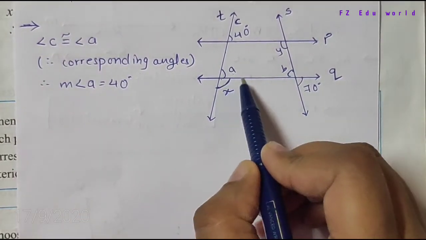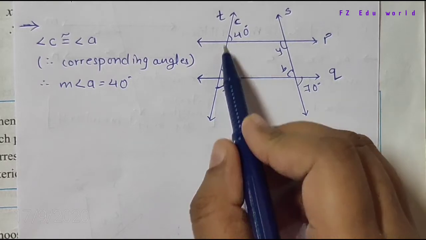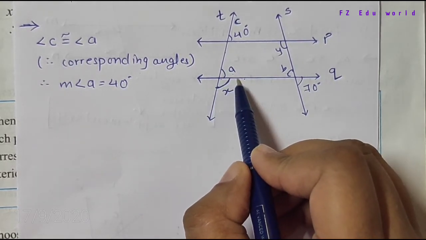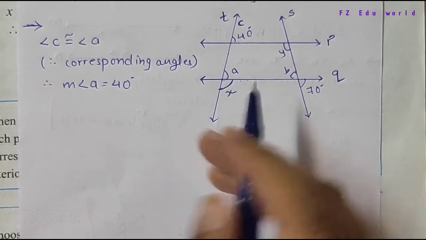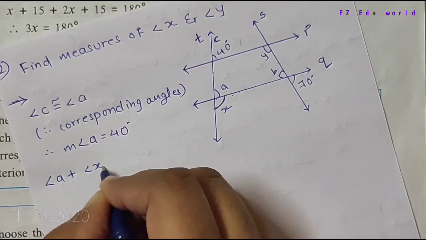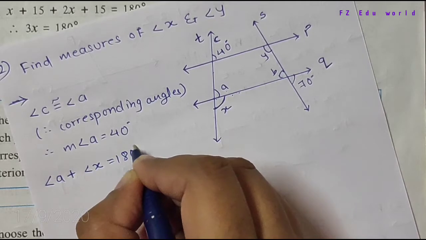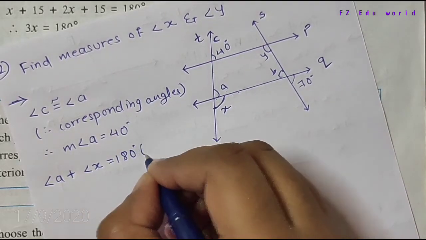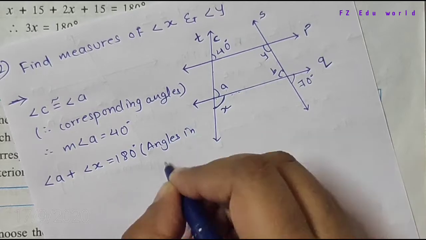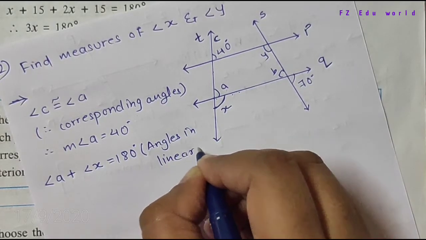Now this angle A and angle X are in a linear pair, and we know that angles in a linear pair are supplementary, that is, angle A plus angle X is equal to 180 degrees.